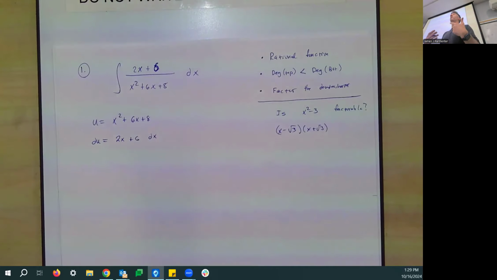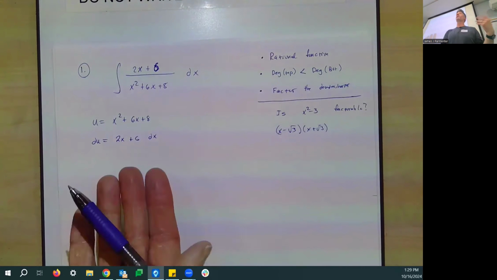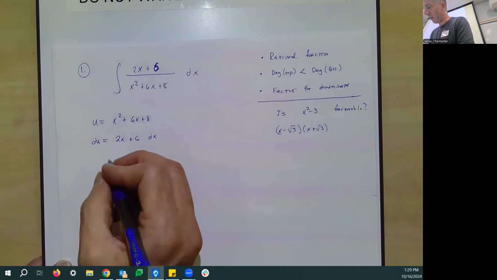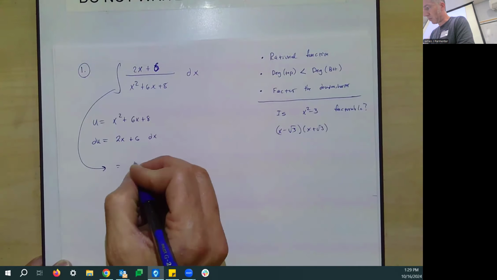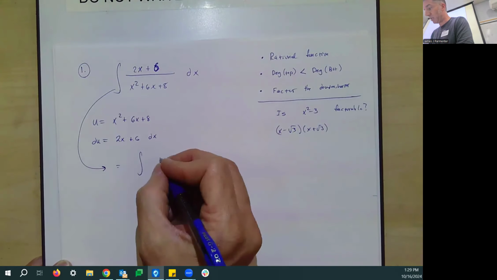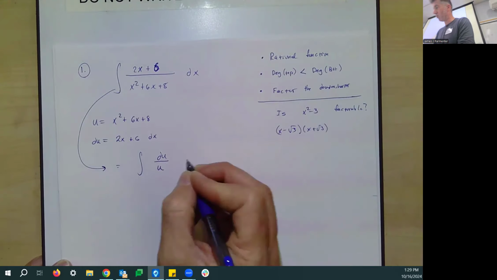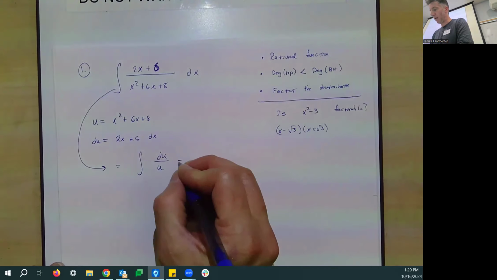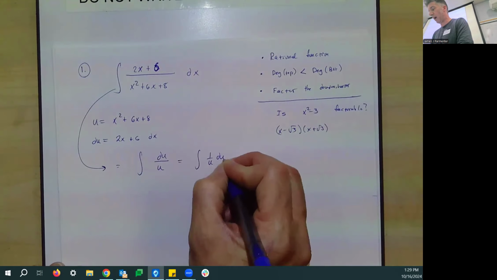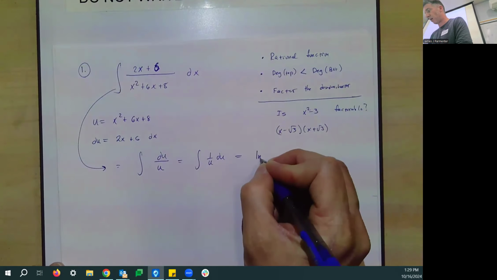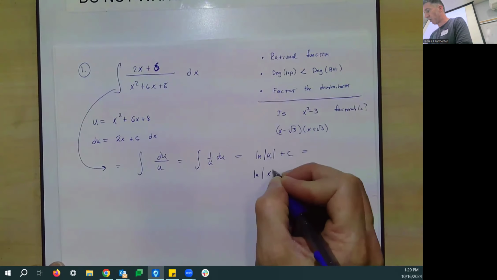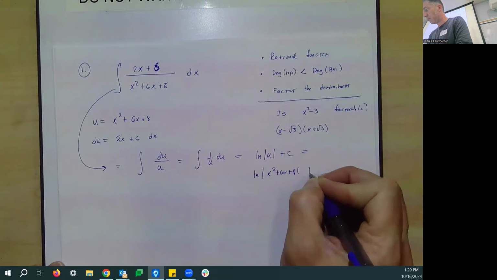So sometimes you'll have a thing that looks like you could, and actually you totally could do this problem using partial fractions, but you shouldn't because it's much easier to do the u sub here. If we do the u sub, we're just going to get that this integral is equal to 2x plus 6 dx turns into du divided by u, which I would encourage you to get used to seeing, although some people prefer to write it as the integral of 1 over u times du, but either way you slice it, it's the natural log of the absolute value of u plus c, which is then the natural log of the absolute value of x squared plus 6x plus 8 plus c.